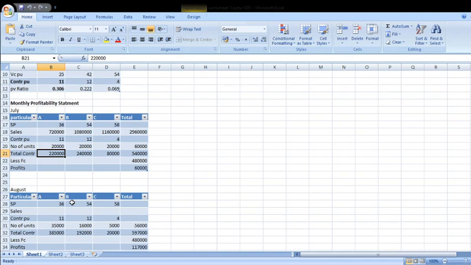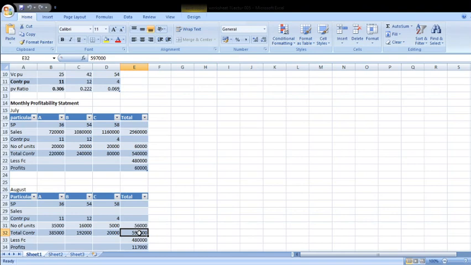So, 3,85,000 for A, getting it, 1,92,000 for B and 20,000 for C. So, total is 597. You can compare, in the month of July it was 540. Now, the contribution has increased to 597.